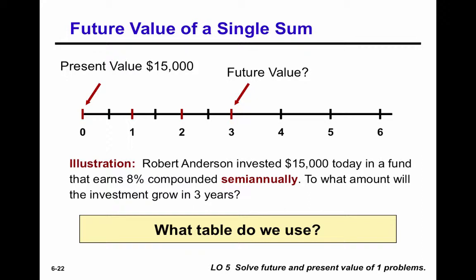All right, then we can take this one step further by seeing what the solution would be if the interest was compounded semi-annually. So in this case, you can read this as 8% semi-annual, 3 years.